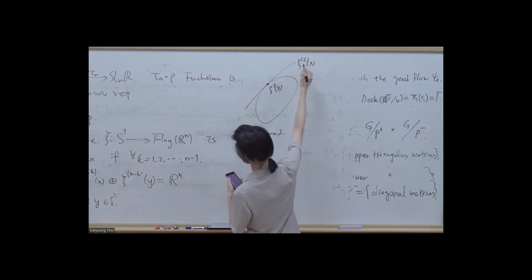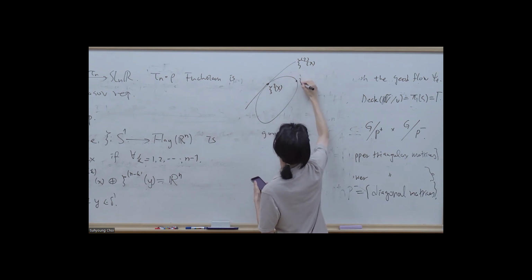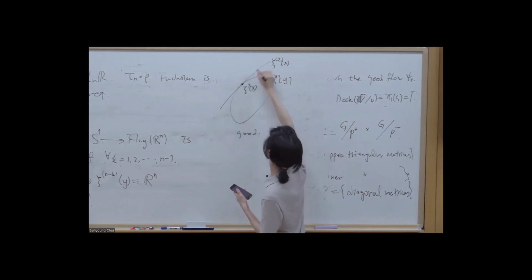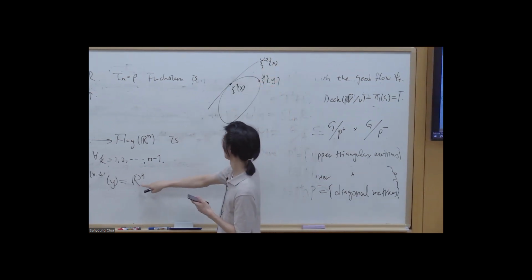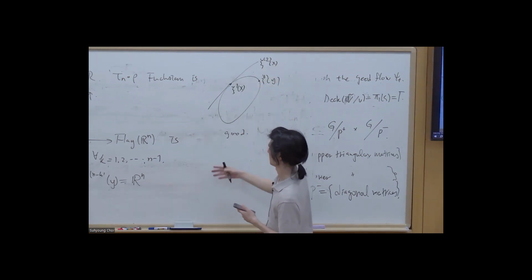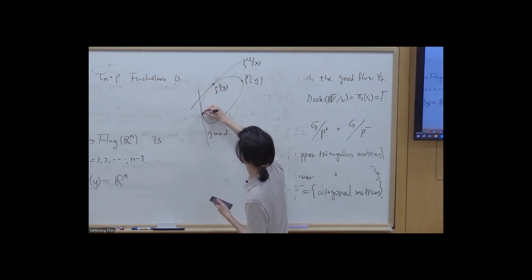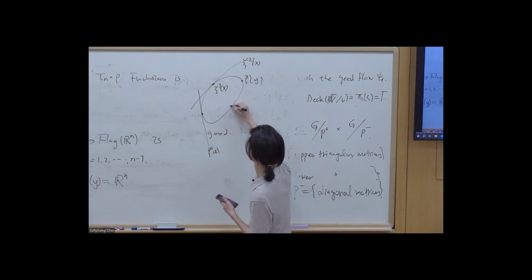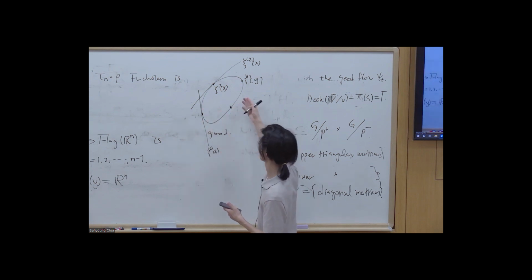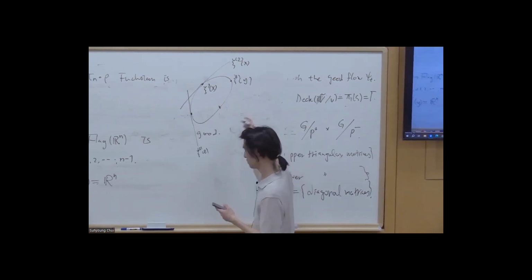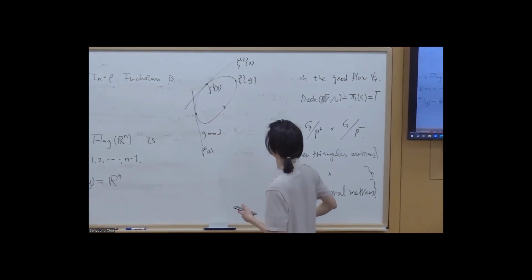If you pick another point here, this line spans R^3, right? If you do the same thing everywhere, any point here, they also span R^3 as a direct sum. If this happens, we call it a 2-convex curve.